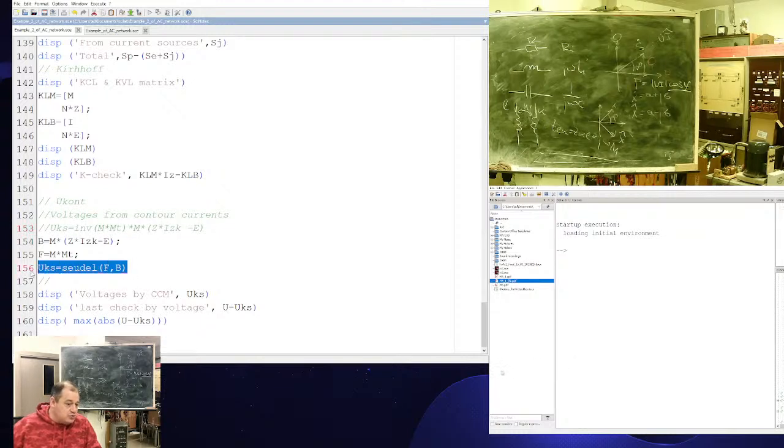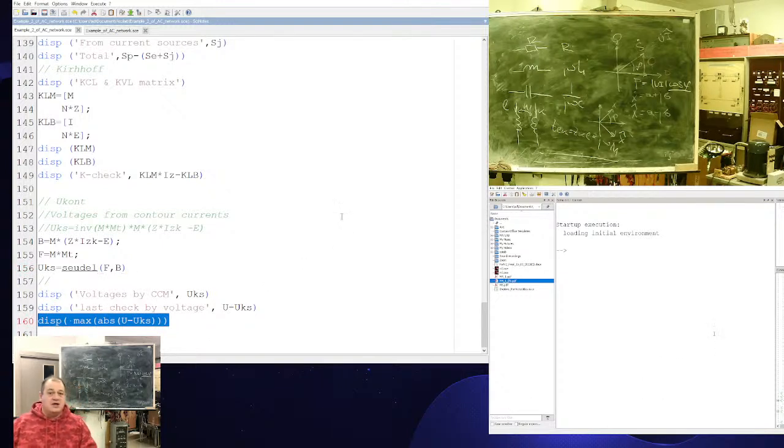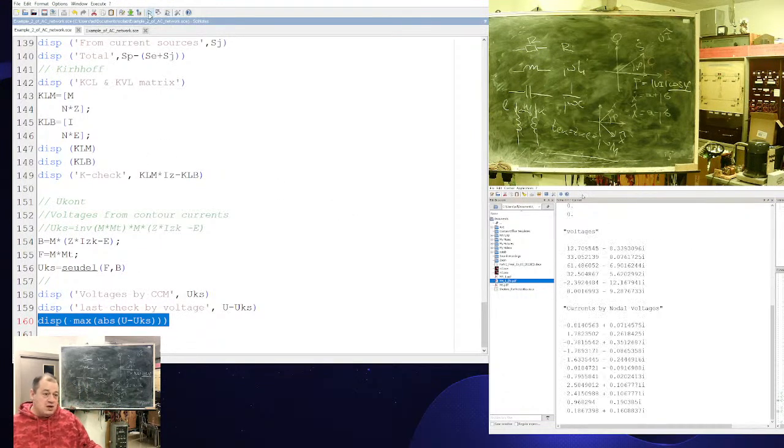So I will use Seidel for the third time, just to get voltages from the current and compare them with the voltage obtained by the nodal voltage technique. It's just a round check. Can I run it? I'm not sure. I can try.